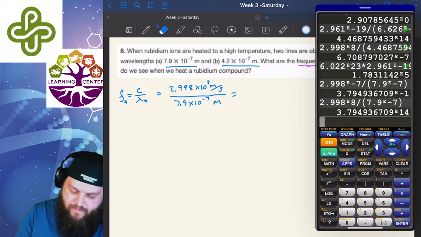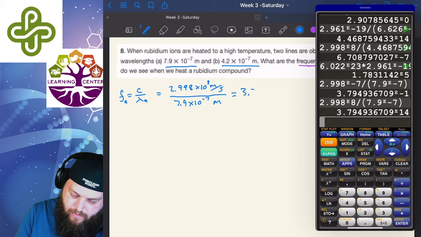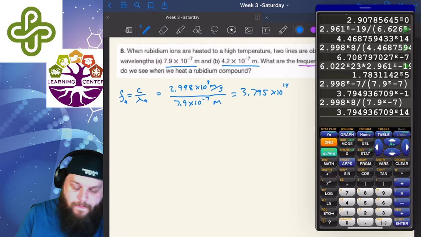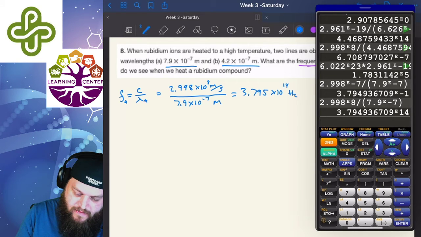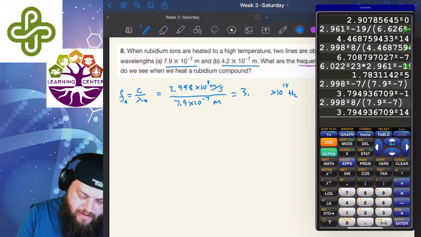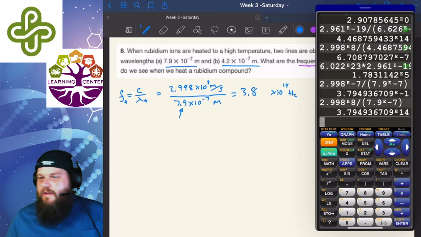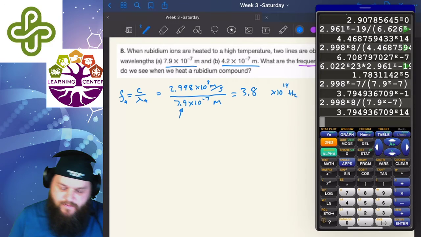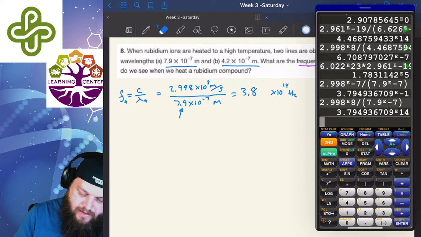That looks better: 3.795 times 10 to the 14, and that's in hertz. I should really round this to 2 sig figs because the wavelength I was given had 2 sig figs. So that's 3.8 times 10 to the 14 hertz.